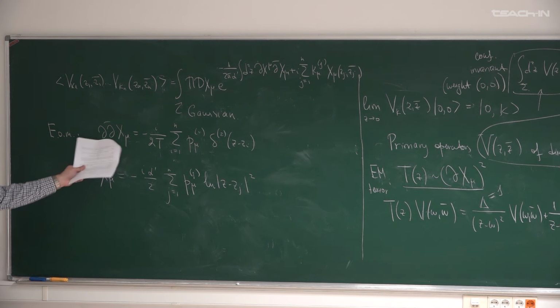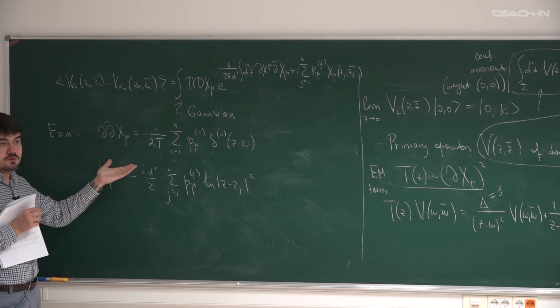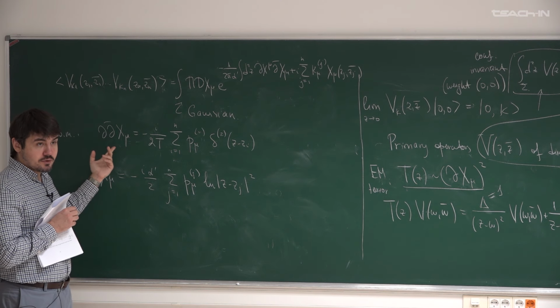Formally, we're just solving a Coulomb problem. We want to find the potential of a system of charges located at points z i. Our density is delta-function-like. The delta functions are the positions of the charges, so we want to know the potential. For the potential, you have to know the Green's function of your Laplace operator.